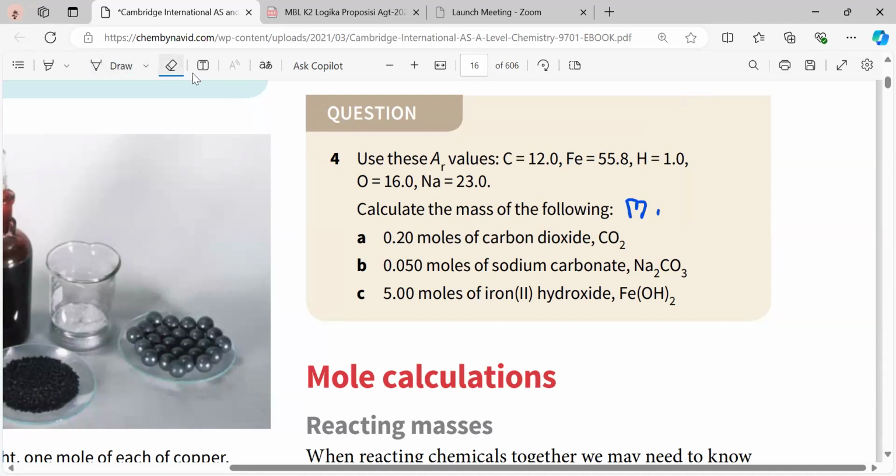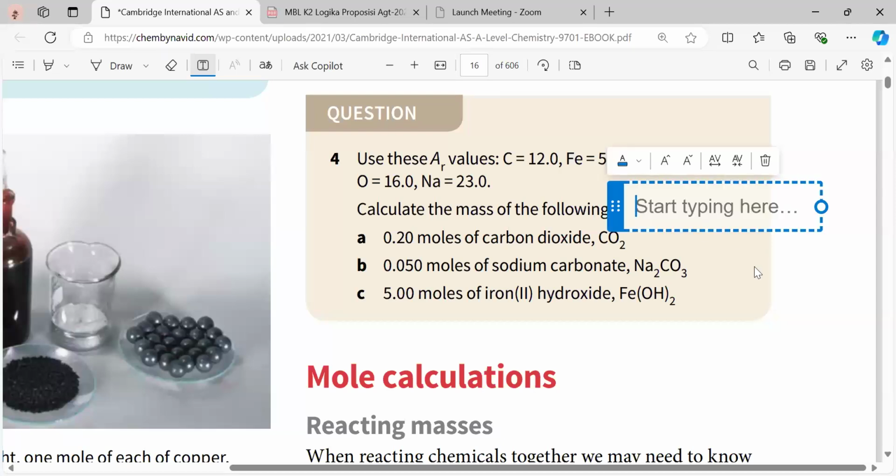Okay, I don't think I need to draw this though. Can I actually? I think I can type this. So we're trying to find the mass right here.